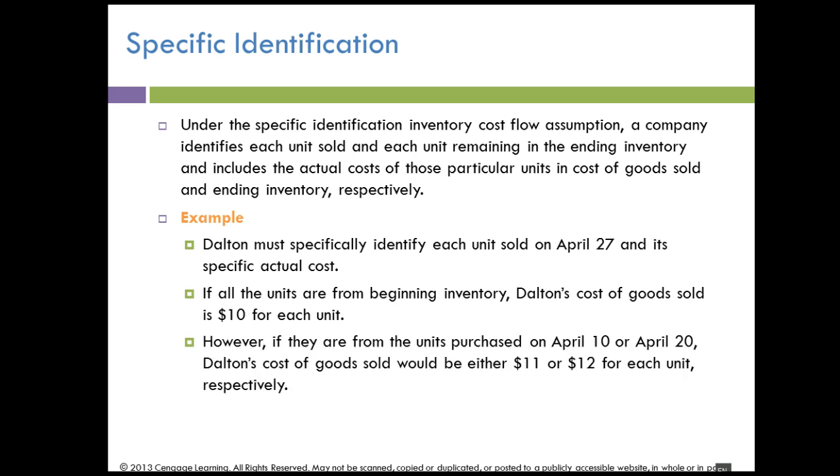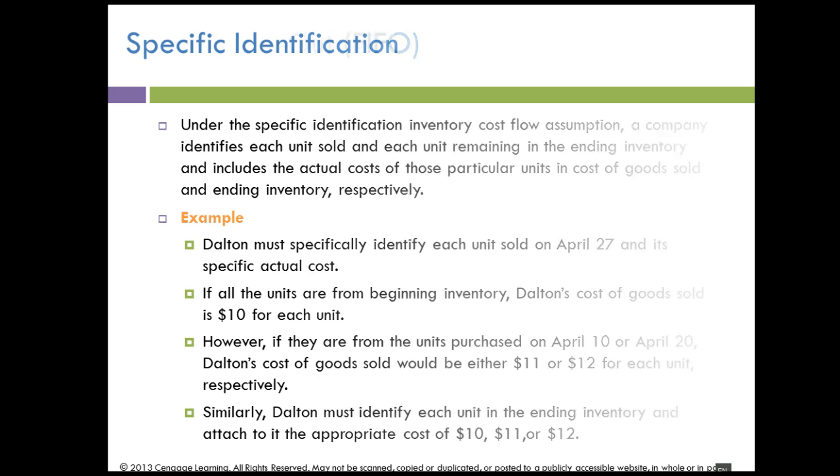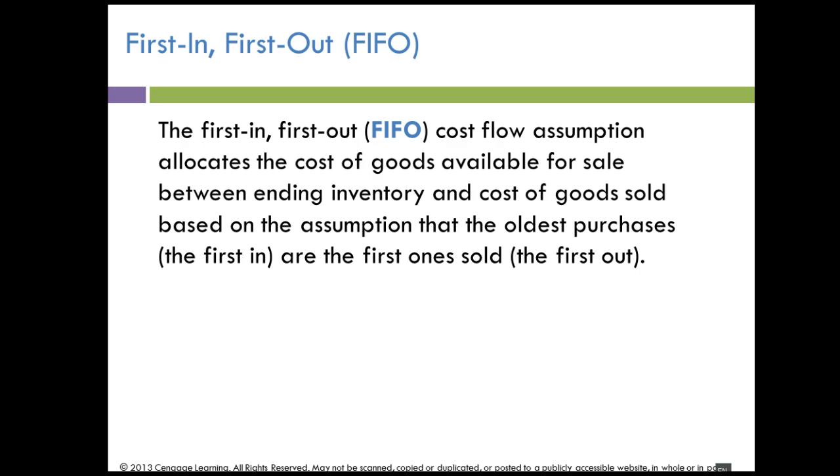If the units that were purchased on April 10th or April 20th are those that were sold, then we would show the specific cost based on what we purchased those units for. So under specific identification, the company would have to show specifically which were sold, and then from there we would know specifically what's left in ending inventory.